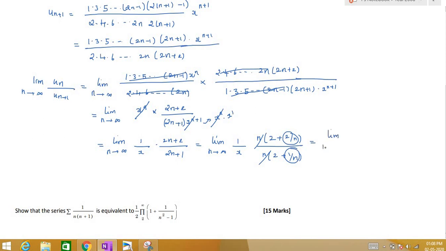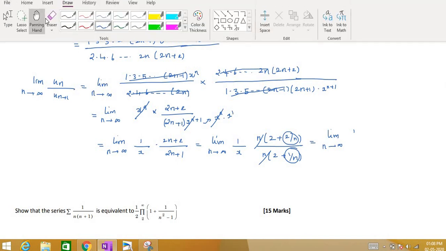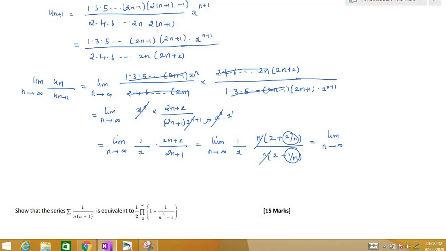So we will have only 1 by x into 2 by 2, because these two will get cancelled. So we have only 1 by x.